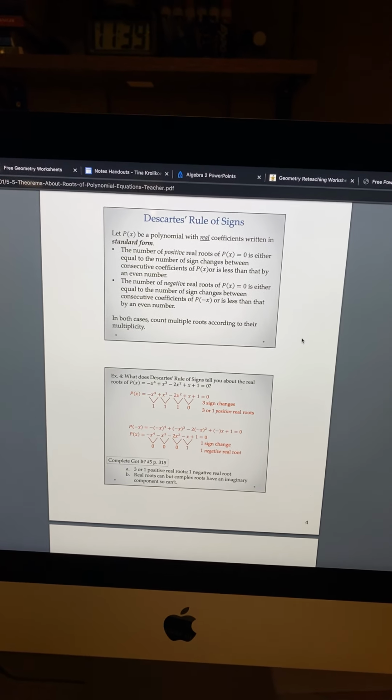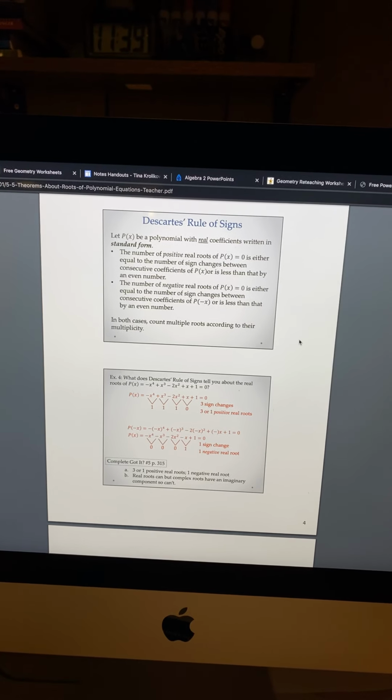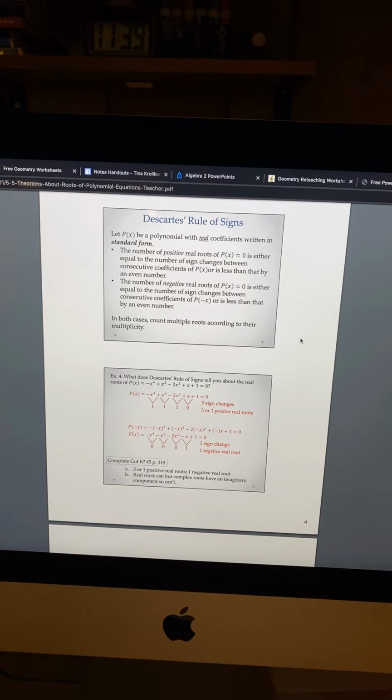Descartes' rule of signs: let P of X be a polynomial with real coefficients written in standard form.